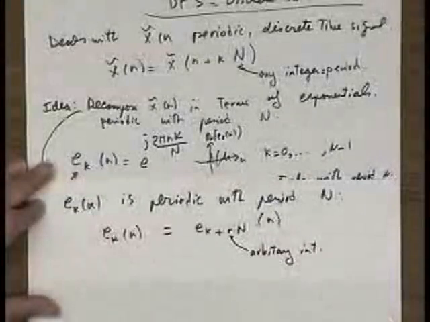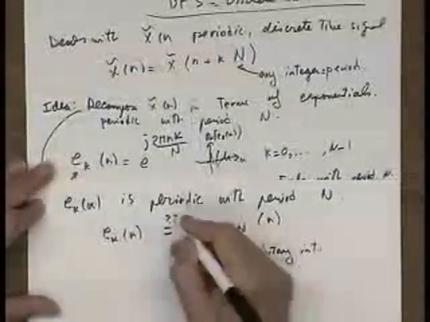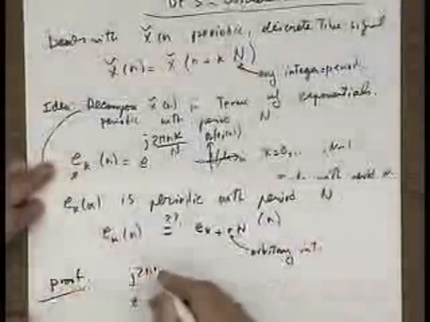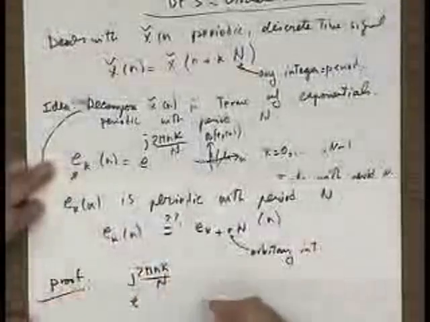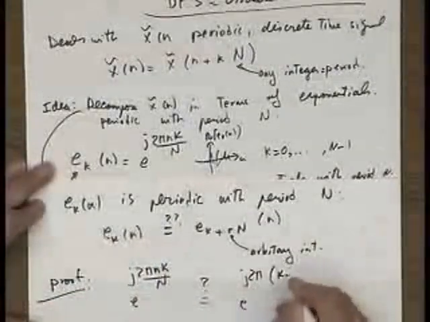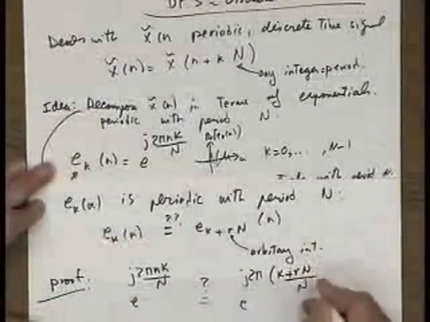Let's prove that. It's pretty straightforward. Is e to the j 2 pi nk over N equal to e to the j 2 pi n times k plus rN over N?